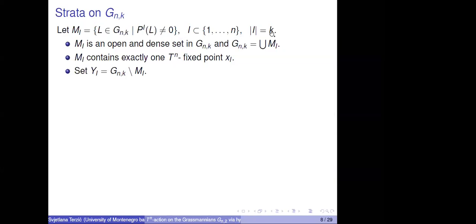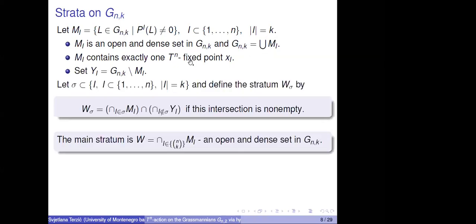So in other words, if we write L as an n times k matrix, then the k times k minor determined by I is non-zero. These sets are open and dense in G_{n,k}. G_{n,k} is the union of these M_I. Each M_I contains exactly one fixed point, and the fixed points here are just the k-dimensional coordinate subspaces.